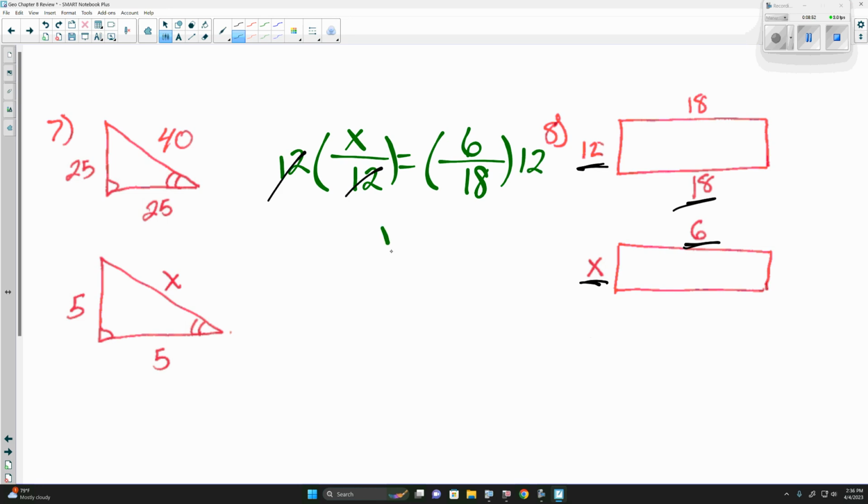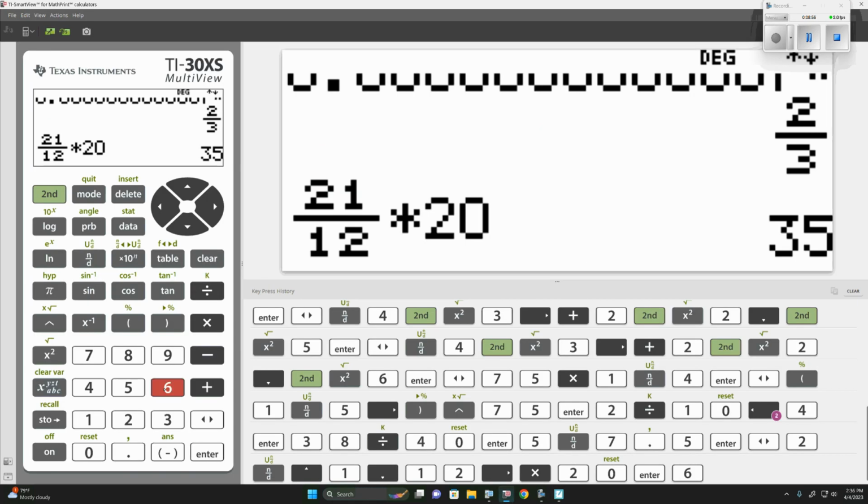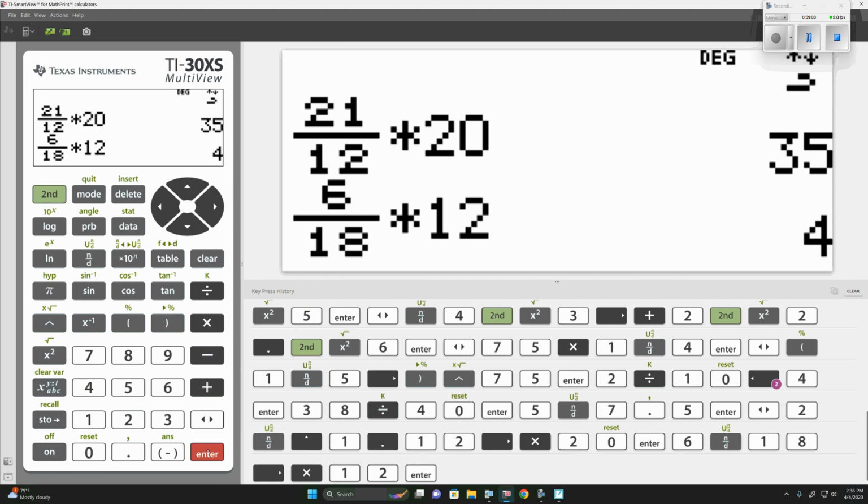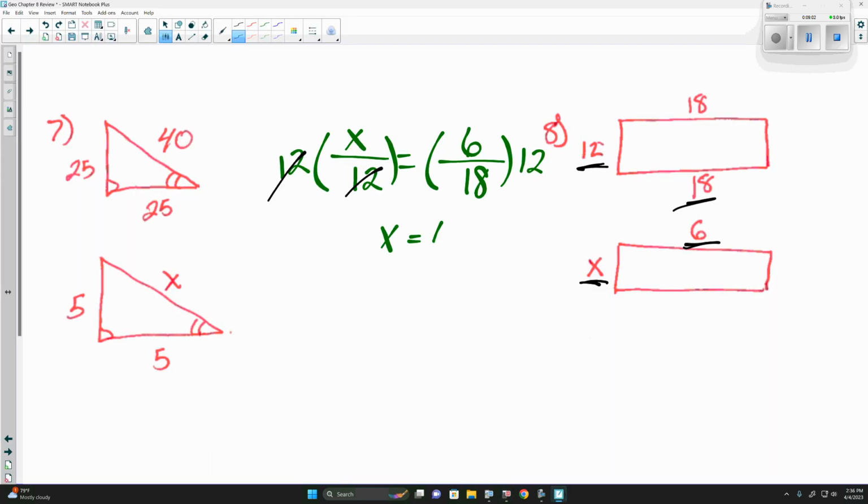These will cancel. 6 over 18 times 12 is 4. So x is 4. Questions on these here? And this should be 8, by the way.